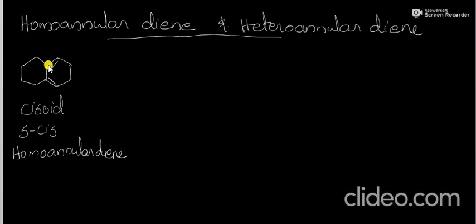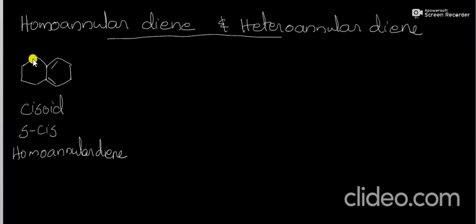With respect to sigma bonds, the two double bonds are cis. Such an orientation is known as cisoid orientation. That is s-cis. Here s represents sigma bond.